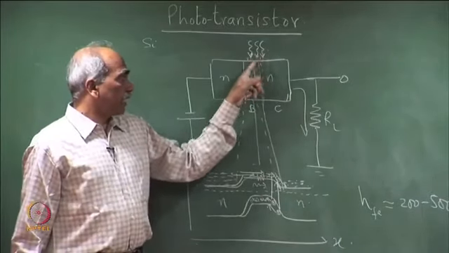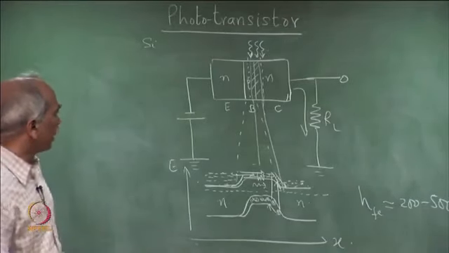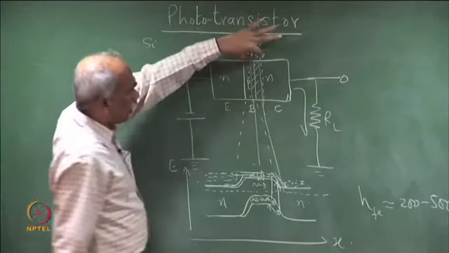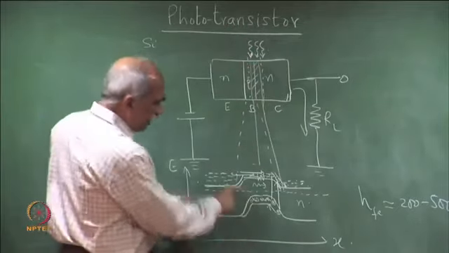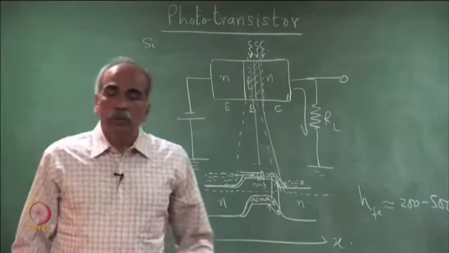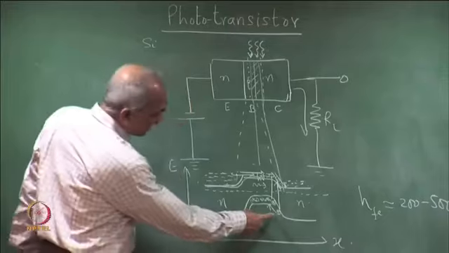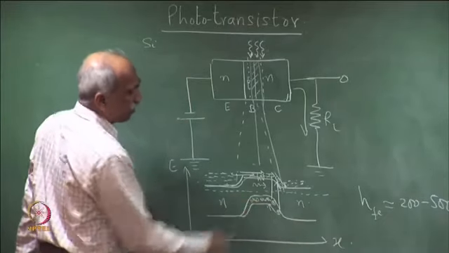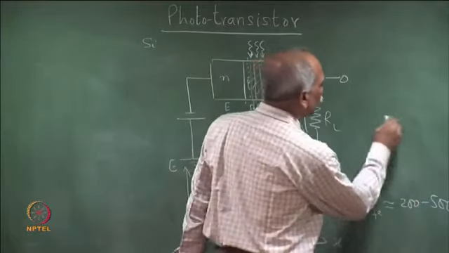So, it is a small area photodetector, and it is normally required to focus the incident light onto the junction. Secondly, it is a relatively slow device compared to PIN diodes. Reverse biased PIN diodes are very fast, because there is accumulation of charge in the base region.